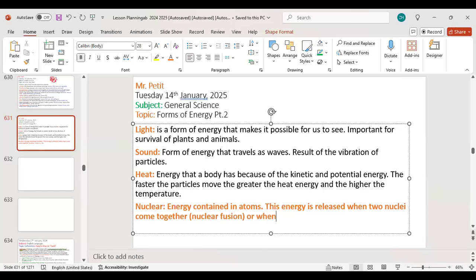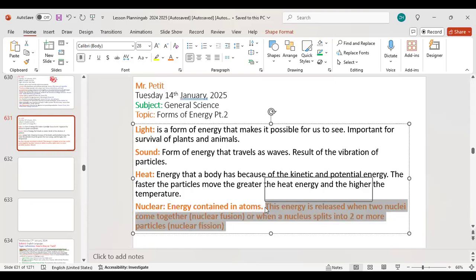Or, in a chain reaction, when a nucleus splits into two or more particles, that's called nuclear fission. So nuclear fusion is when two nuclei come together. Nuclear fission is when a nucleus splits. All right.